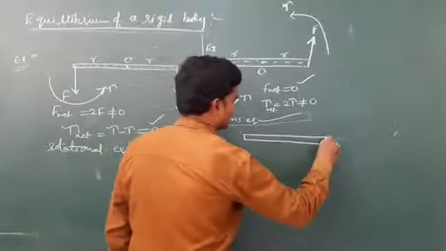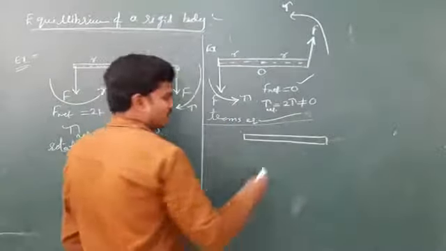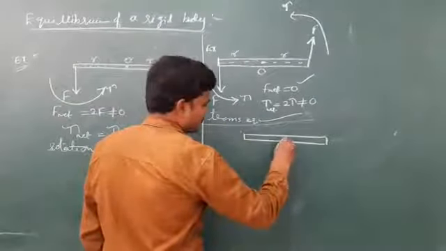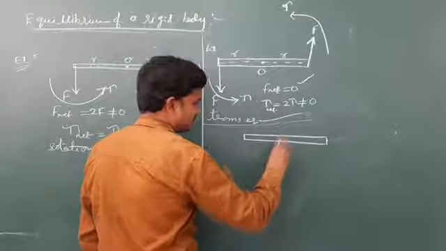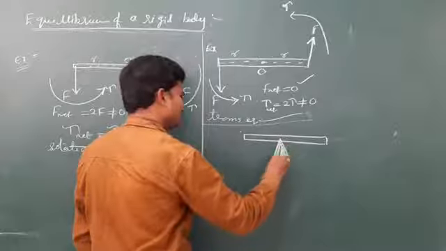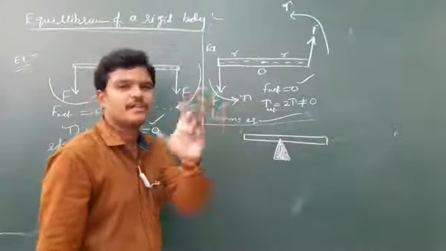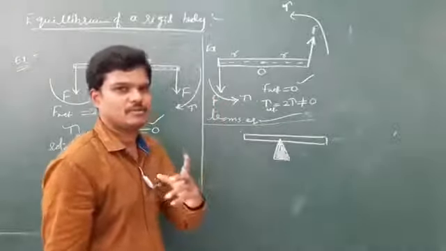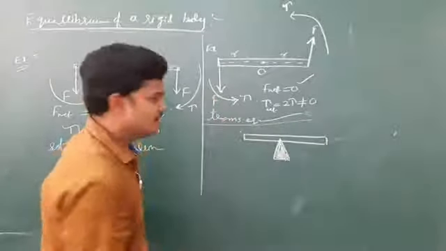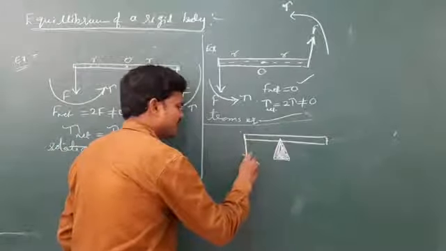In the same manner, let us consider an ideal lever, nothing but a rod with some fulcrum arrangement. Let us suppose this is the fulcrum. It is just like a seesaw in a children's park. An ideal lever is a light rod of length L. Here one child is sitting here, whose weight is acting in this direction.